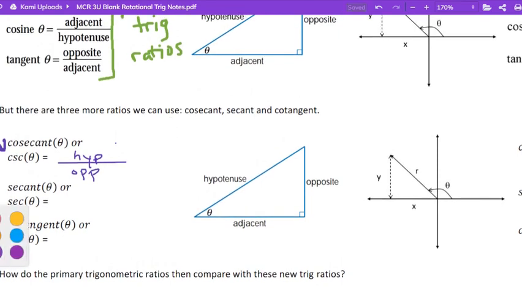If secant is the reciprocal ratio of cosine, what is the formula for secant? Yeah, hypotenuse over adjacent.